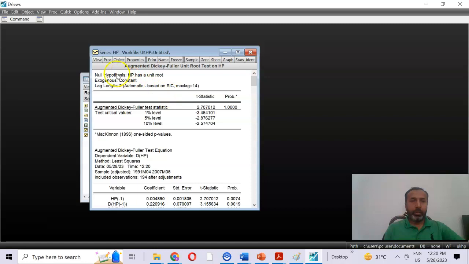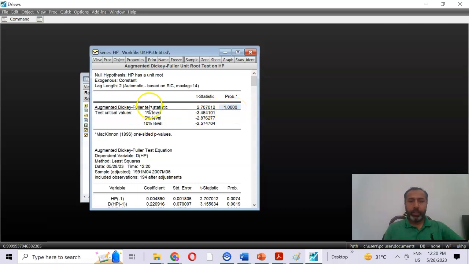Here, note that the null hypothesis of this test is that HP has a unit root, or in simple words, that this housing price variable is non-stationary. Because the p-value is more than 0.05, we are unable to reject the null hypothesis and we conclude that at level this variable is non-stationary.